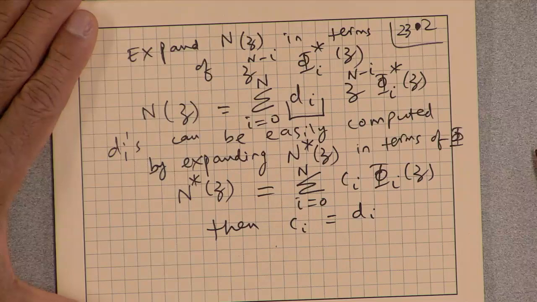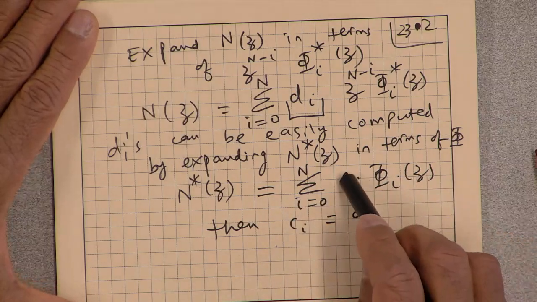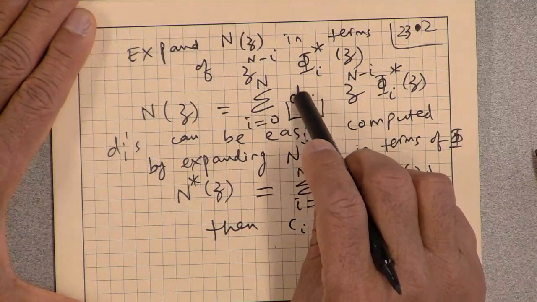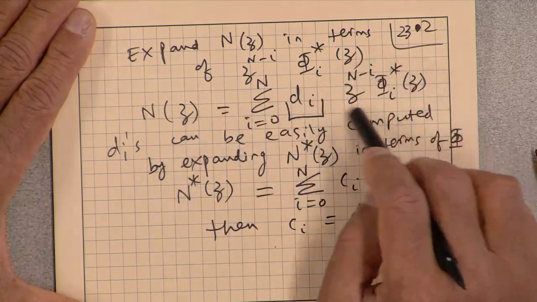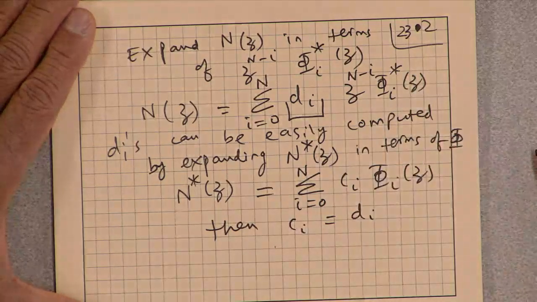Okay, if I expand the reverse polynomial of the numerator in terms of the original polynomials phi i, then those coefficients c i are identical to the coefficients necessary to expand the numerator in terms of the z to power n minus i phi i star. Okay, so let's see if we can prove that.